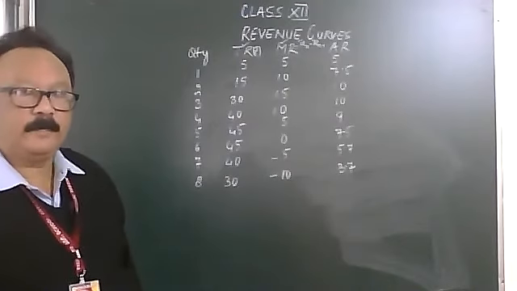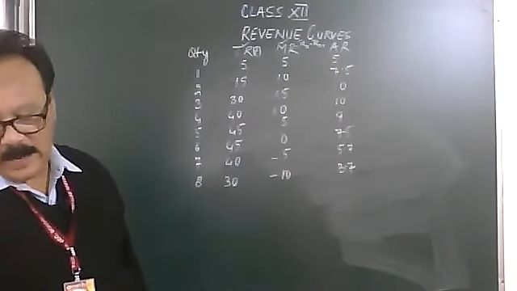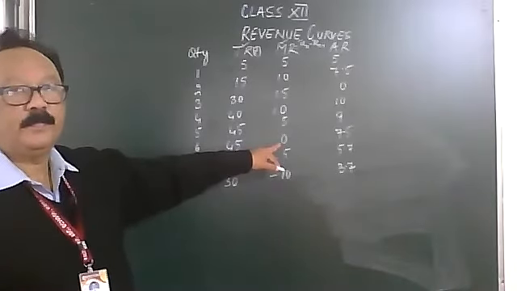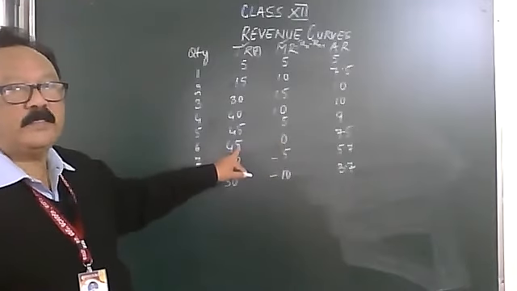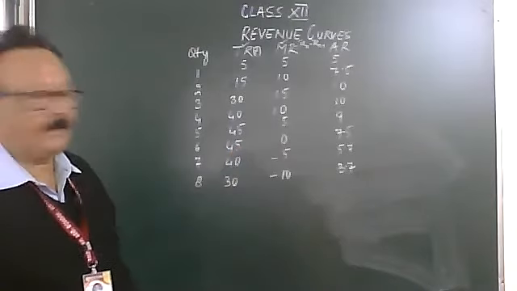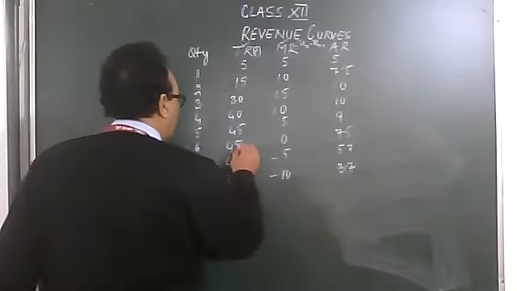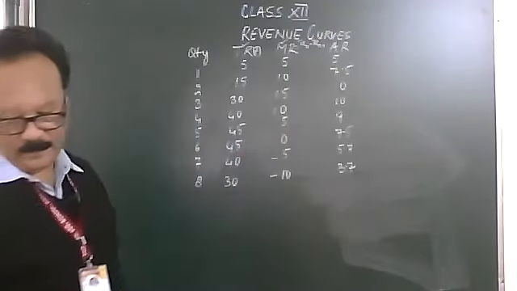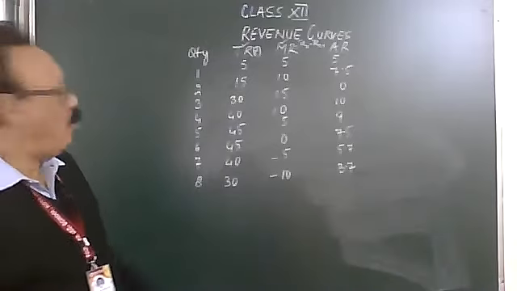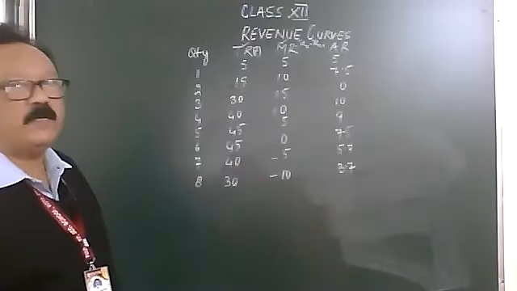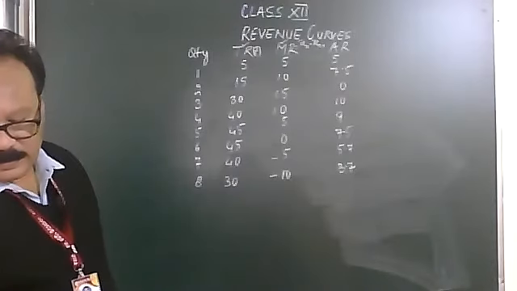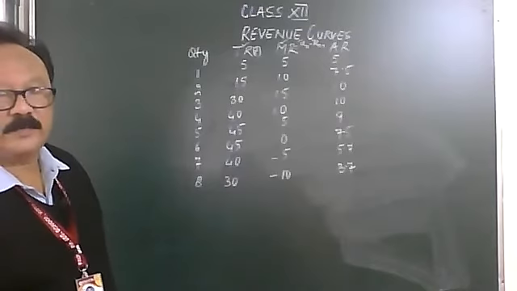Third point, when MR is 0, TR is maximum. Then the fourth point, when MR becomes negative, TR decreases.